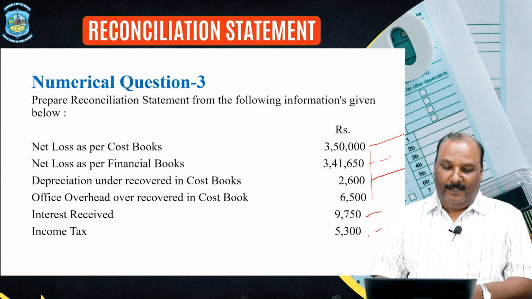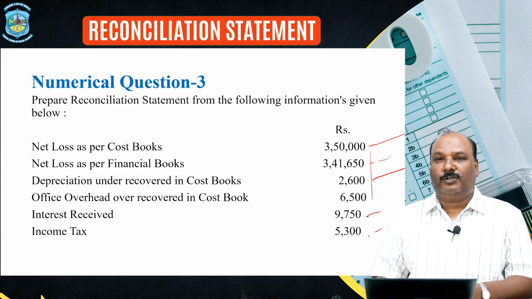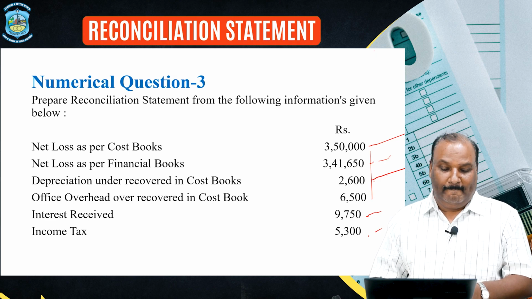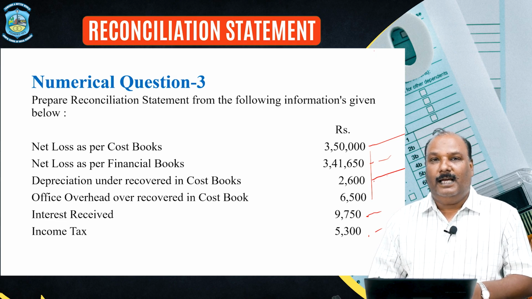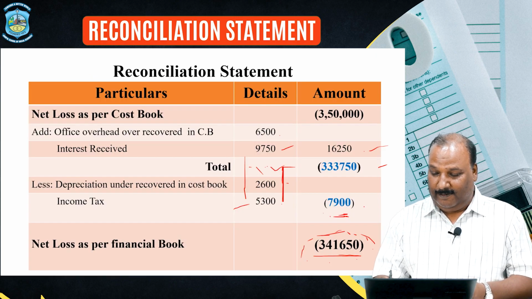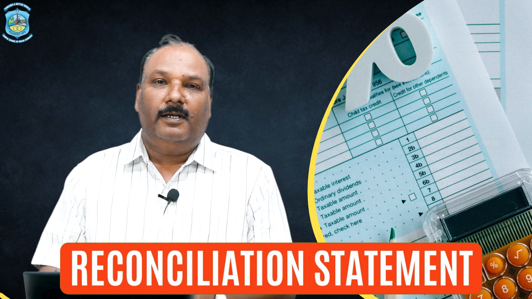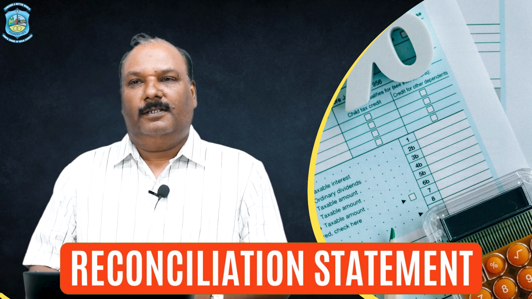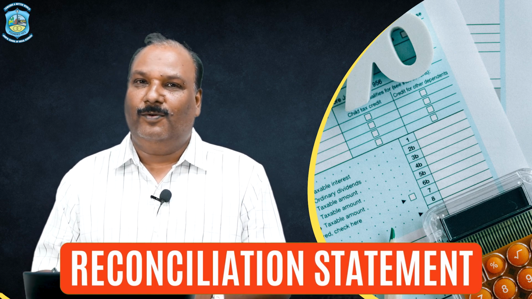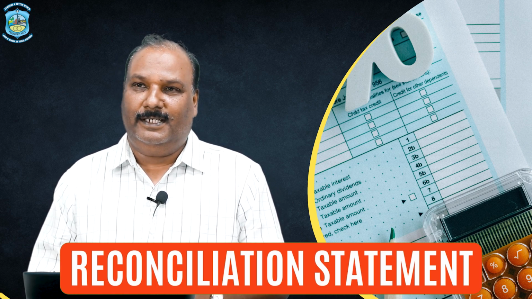Here we can see the loss as per cost book was 3,50,000 rupees, and the net loss as per the financial book is 3,41,650, which we have reached here. It means there are some special steps we have to follow to solve the reconciliation statement.